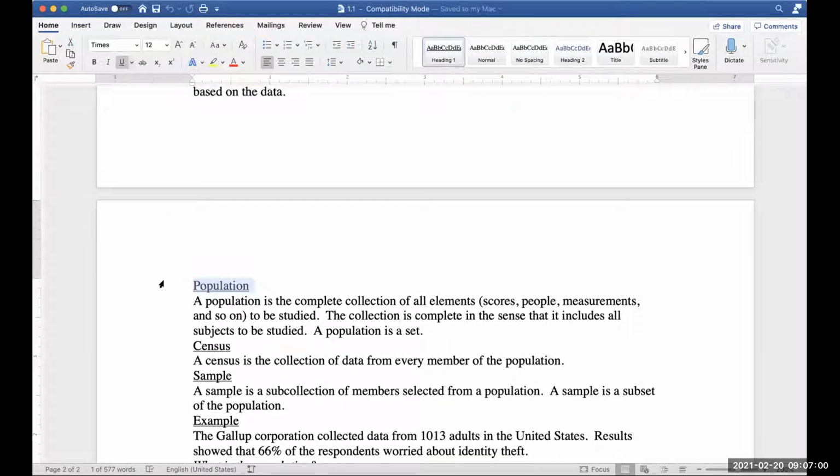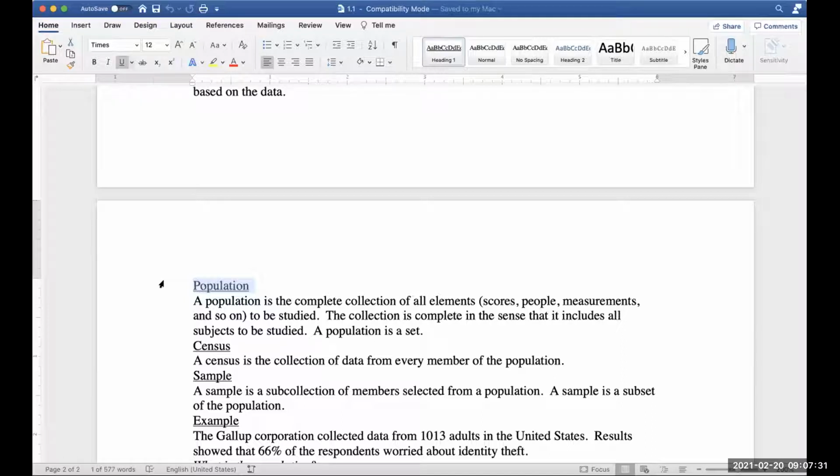A population. So a population is some collection that we're interested in studying. So say I want to study the collection of all students in the United States that are taking statistics.